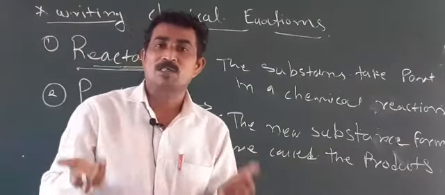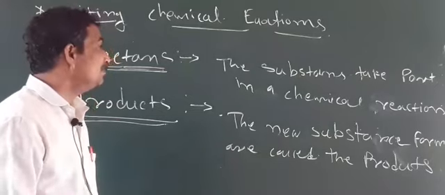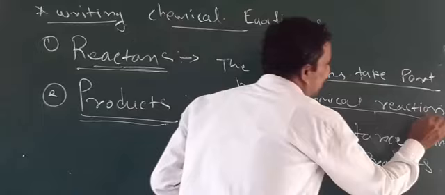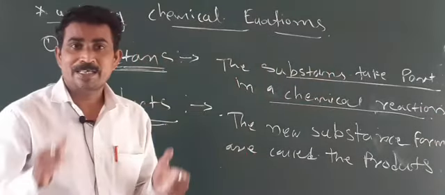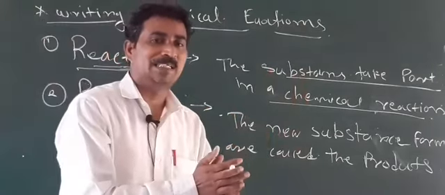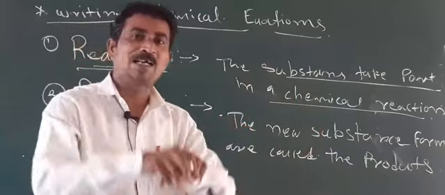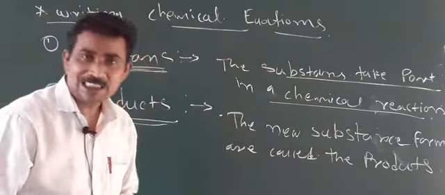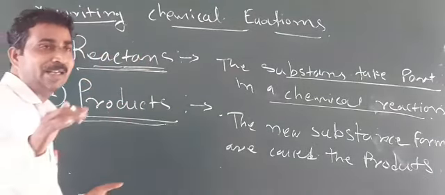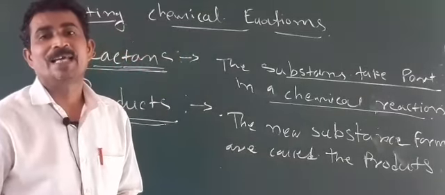Reactant means the substances taking part in a chemical reaction. In a chemical reaction, the particular compounds taking part, both are ready to react with each other, that we call reactants.